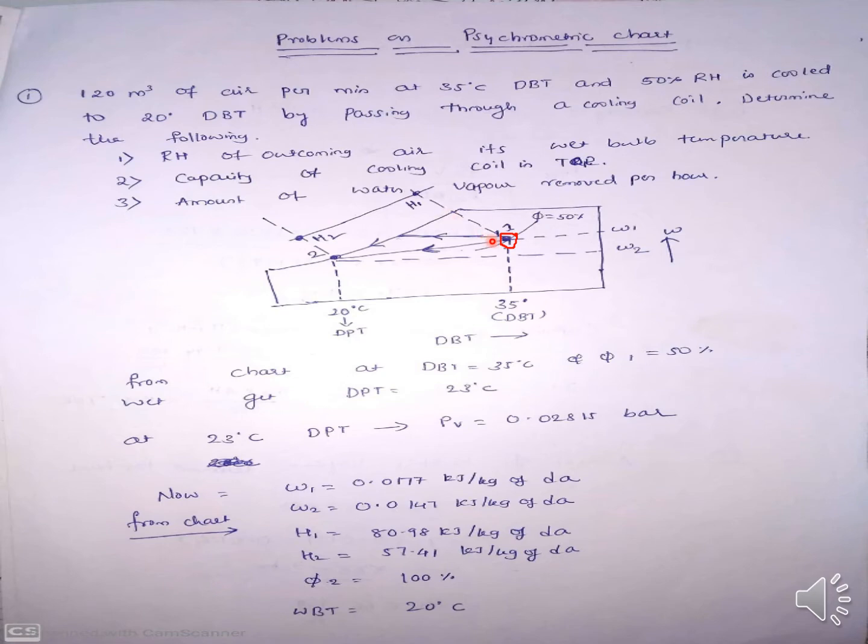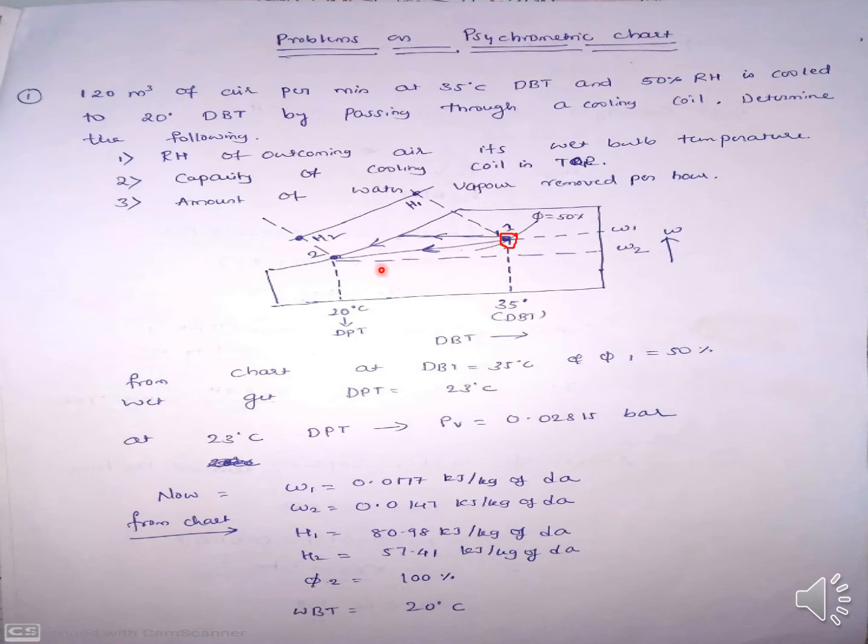Now we need to cool it to 20 degree DBT. See where 20 degree DBT is. Wherever 20 degree is, draw a straight line and touch this saturation line curve.